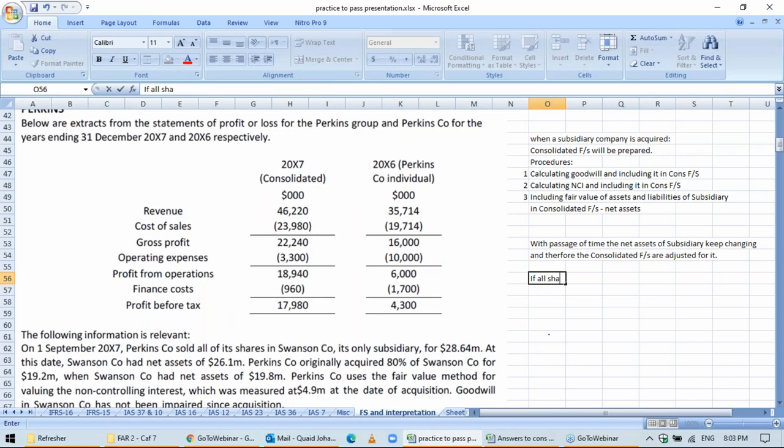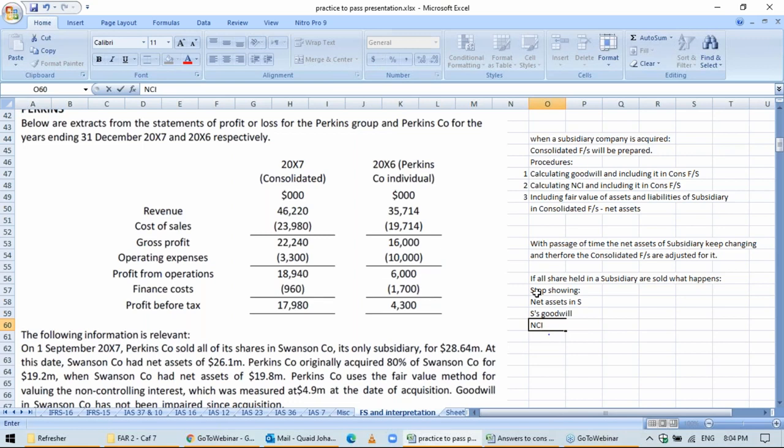If all shares held in a subsidiary company are sold, you will stop showing the net assets in the subsidiary, the subsidiary's goodwill and NCI.